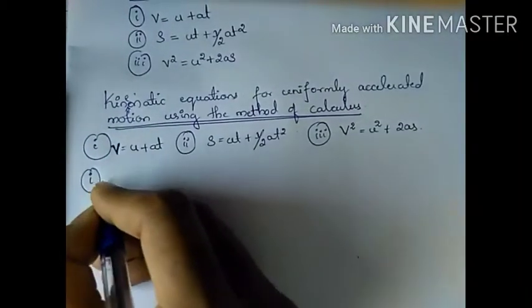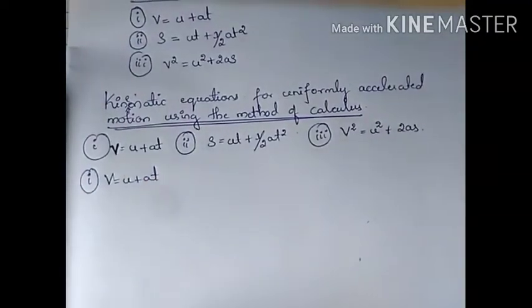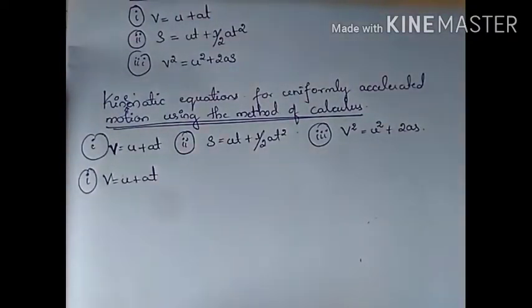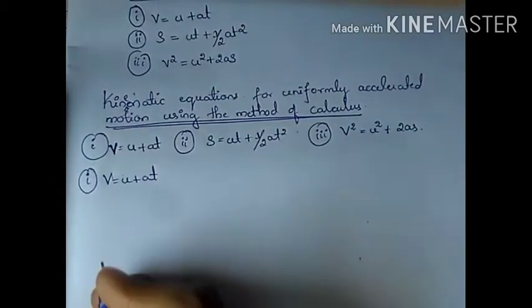Our first equation is v is equals to u plus at. To derive this equation, consider a body moving along a straight line with uniform acceleration a.